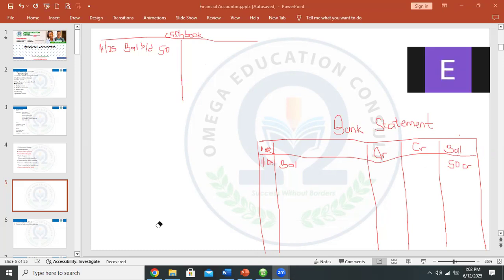Okay, that's fine. So I want us to appreciate the relationship the cash book and the bank statements have. So earlier I said that the debit side of your cash book is equal to the credit side of your bank statement. And as we all know, the debit side of the cash book is the receipt side.